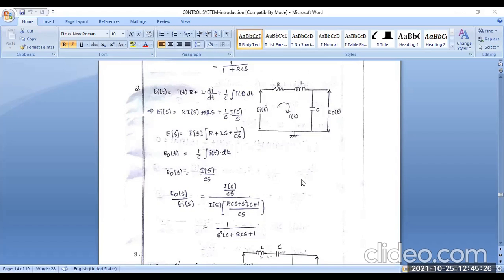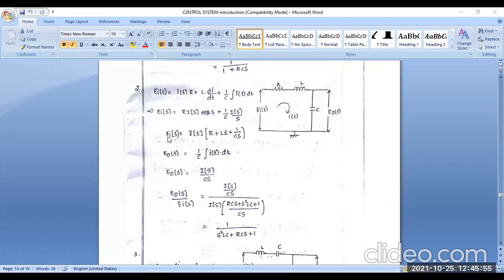Okay, so we can apply the Laplace transform to the output operations. The output equation e_o(t) is equal to 1 by C times the integral of i(t) dt, for the capacitor. Applying the Laplace transform to the output equation, we write E_o(s) equal to I(s) by CS.